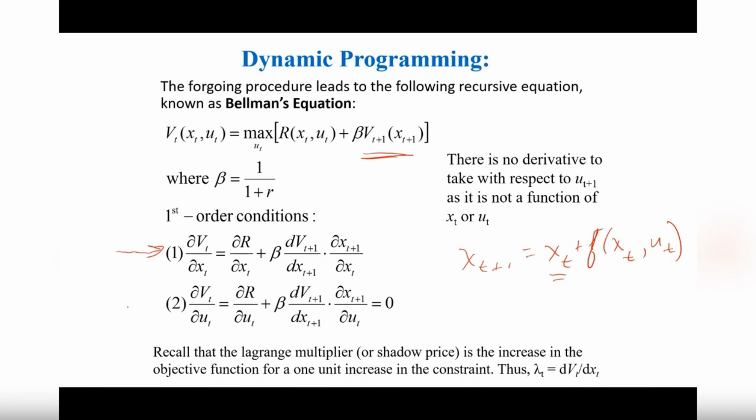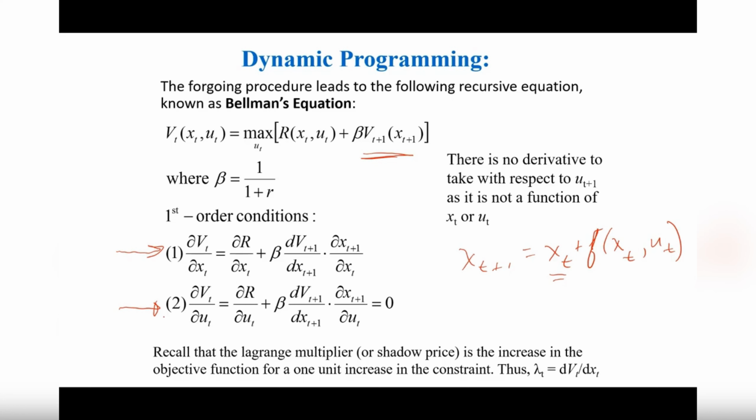The second condition is, again, your maximum principle, if you like, which says that the partial of the value function with respect to the choice variable is equal to the partial of the net return in the current period with respect to the choice variable plus the discounted value of the derivative of V_{t+1} with respect to x_{t+1} multiplied by the partial of x_{t+1} with respect to the choice variable u_t, and we set that to 0.